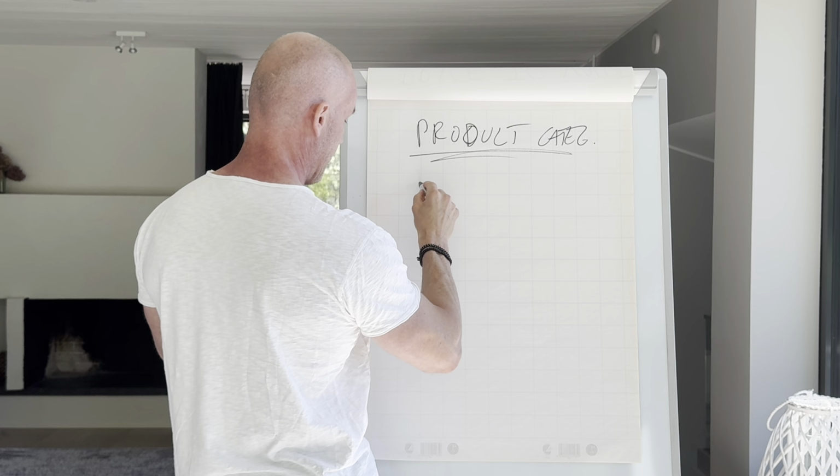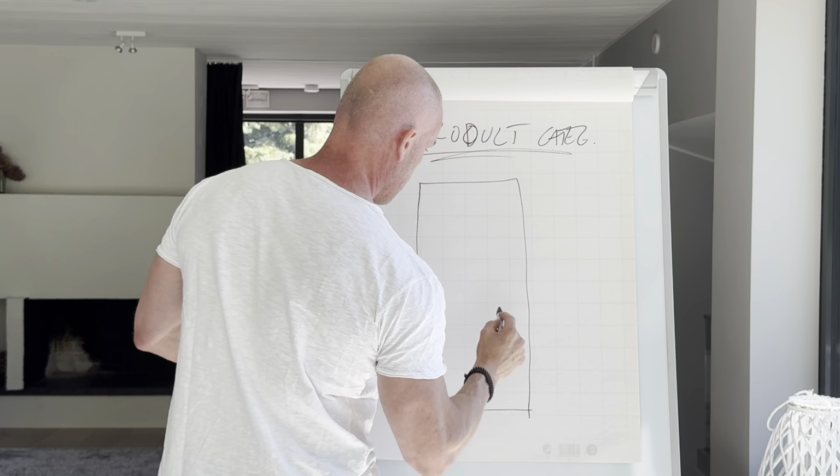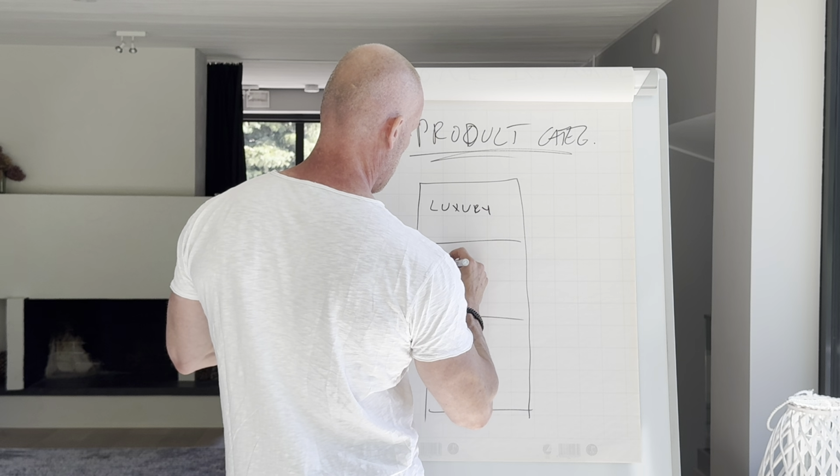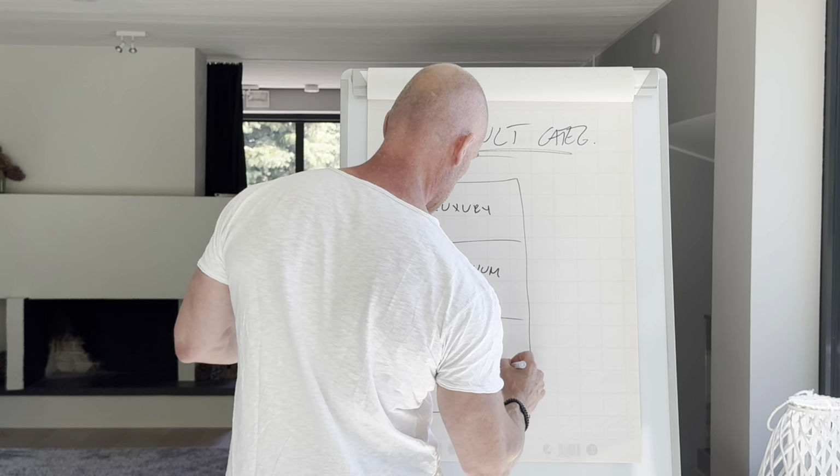Let's use the traditional categorization of luxury, premium, then we have the so-called mid-tier, and then the low cost. Starting at the top, and these two are really going to be the bread and butter of today's presentation.